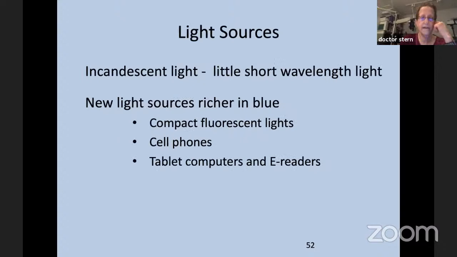Now, we know that incandescent lights, which are going away, have little short wavelength light, but newer light sources like fluorescent lighting, our cell phones, our tablets, a lot of LEDs are much richer in blue.